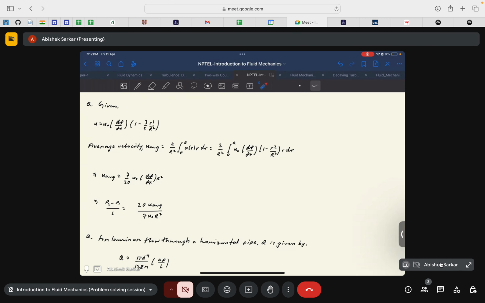I will show how it is found. U bar is the integration of u dA over A. For a cylindrical pipe, the elemental area would be 2 pi r dr, and the area would be pi R square.